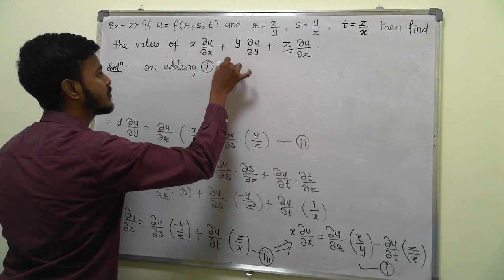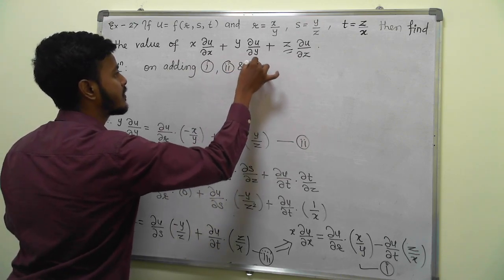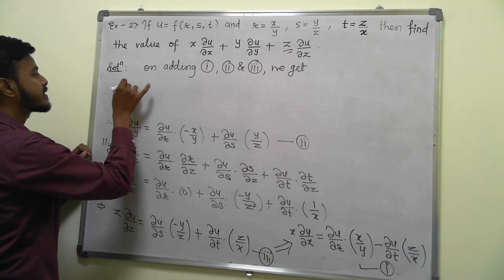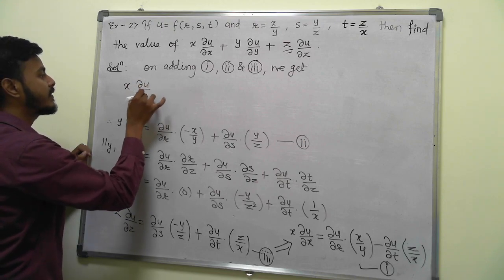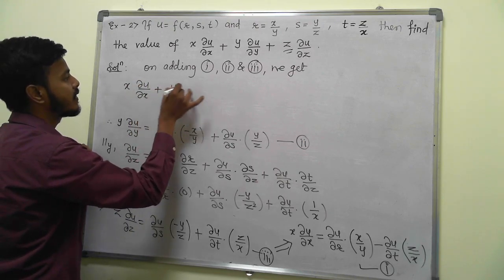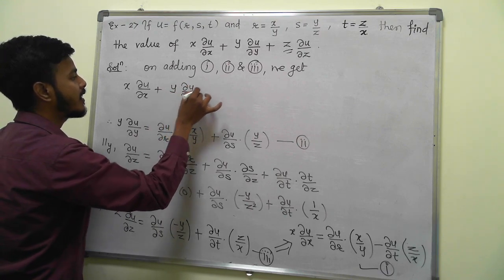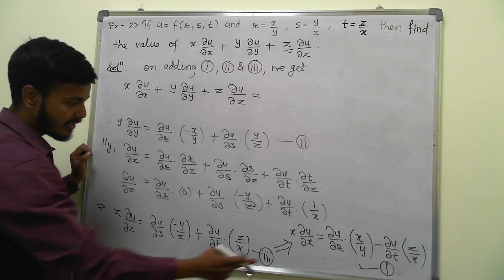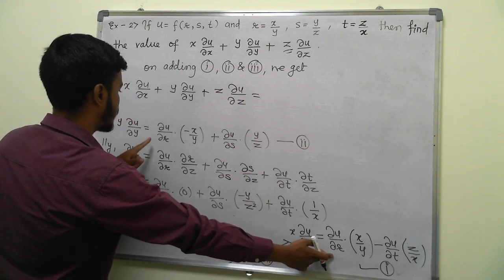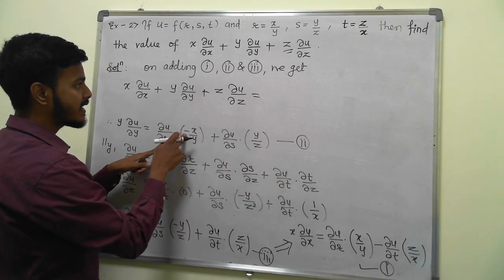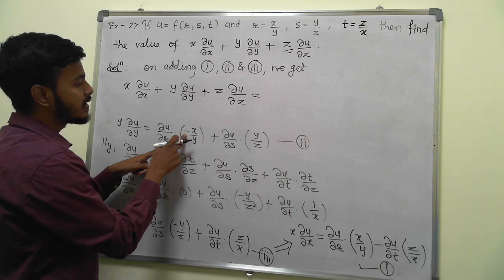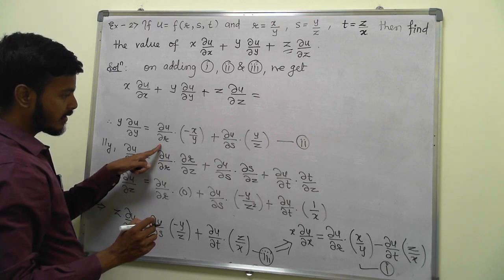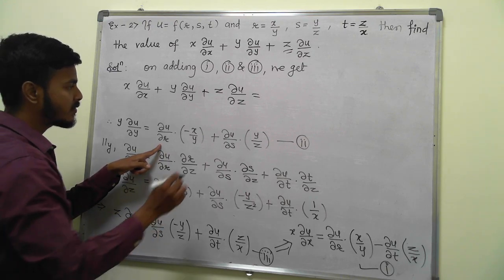On adding 1, 2 and 3 we get, what do we get? X del u by del x, left hand side added together with left hand side, y del u by del y plus z del u by del z is equal to equation 1 del u by del r term, equation 2 del u by del r, this plus term and this minus term cancel, that is 0. Okay, I think I need to write it.